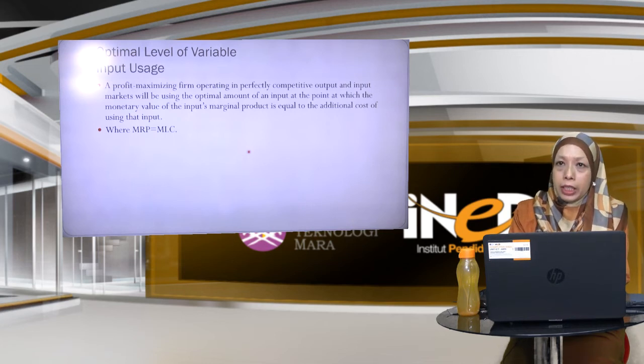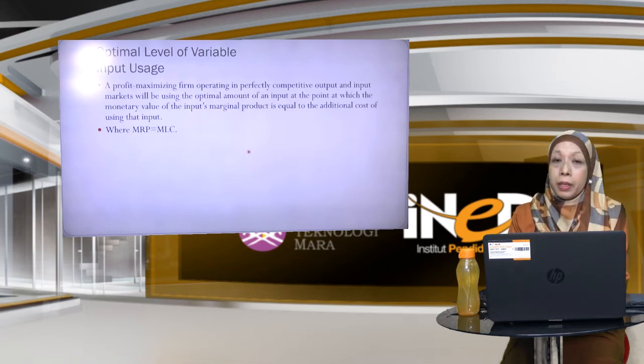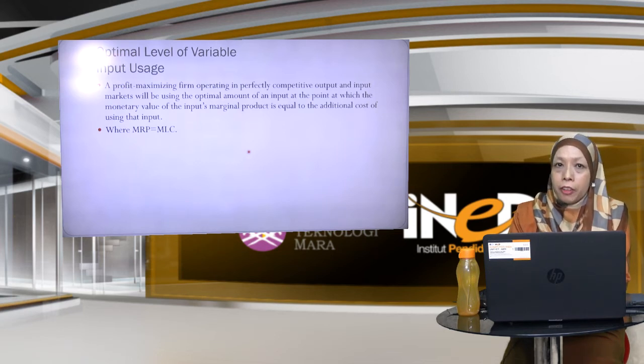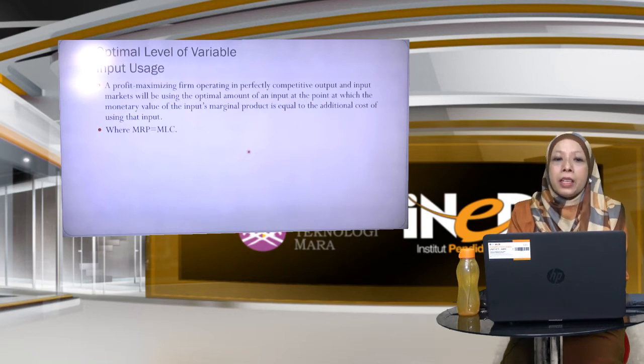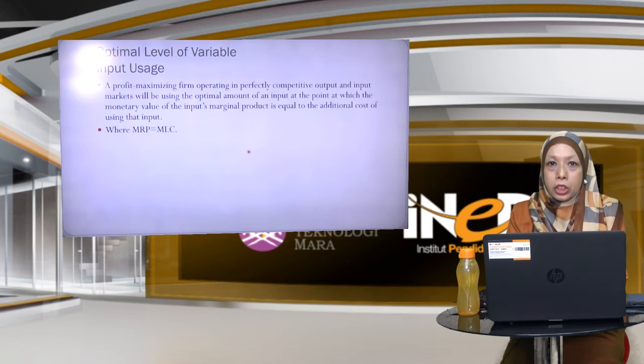If you want to know exactly how many labor to hire, you need information on the price of the product and also the cost that you pay for each variable input. By having these two extra pieces of information, the optimal level of variable input use can be found by equating marginal revenue product with marginal resource cost. So that is for production in the short run.